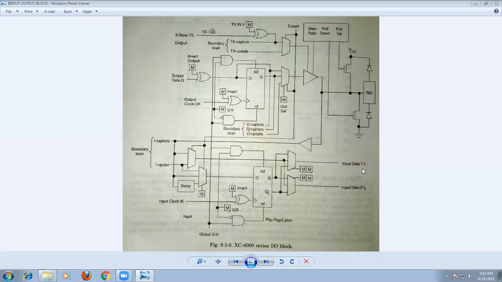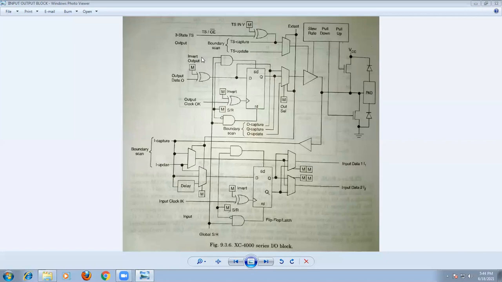The output signal coming from the logic cell first goes to the exclusive OR gate, and depending upon the out invert bit, it is complemented or uncomplemented.